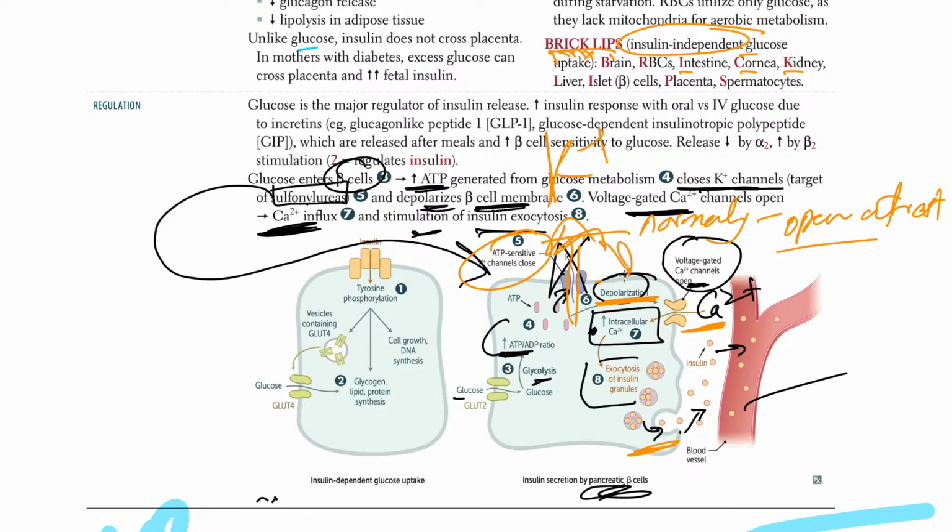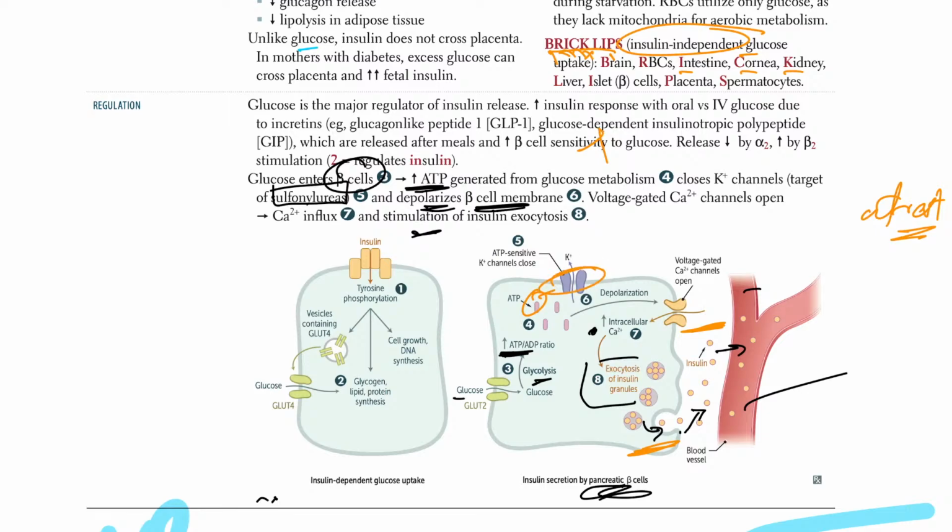So you're not going into depolarization. Open at rest, it allows the outward potassium current, which maintains the membrane polarization. But when the ATP gets bound to these channels, you will have a decreased efflux of that potassium, and that is going to cause membrane depolarization.